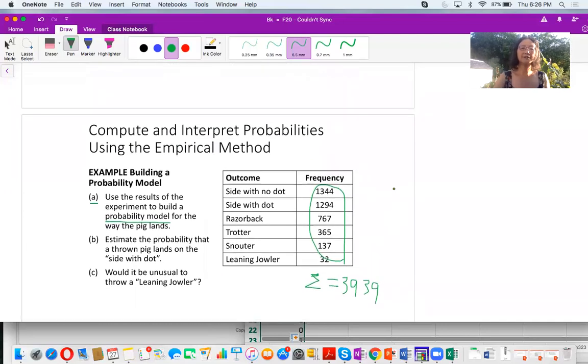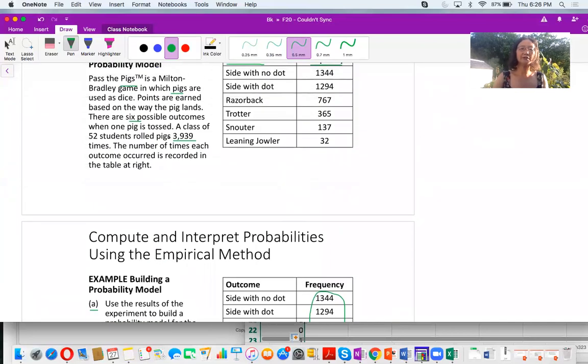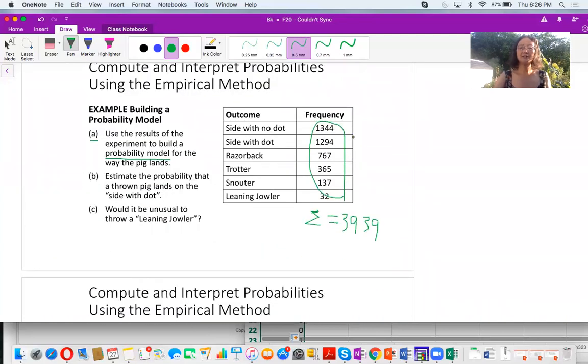This number actually is given, it is here, see, 3,939. But just to be on the safe side, you can verify. Add all these frequencies together, you get 3,939.